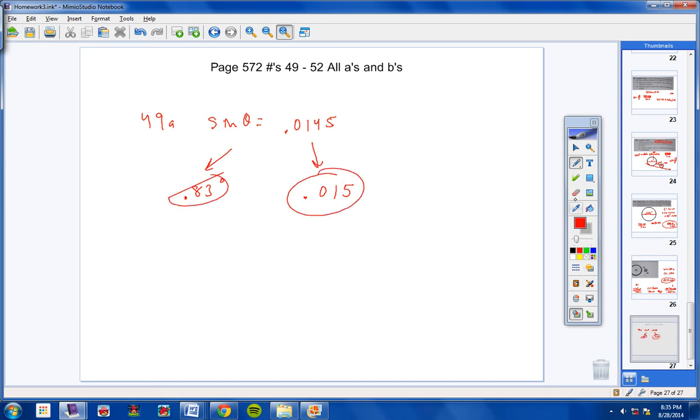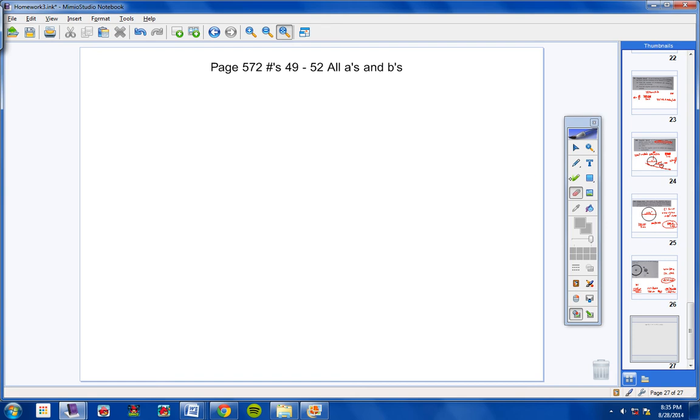Let's take a look now at 49B, and that's going to be sine theta equals 0.4565. I'm already in the radian mode with my calculator, so I'm going to hit second sine and then 0.4565, and the radian answer is going to be 0.4741.